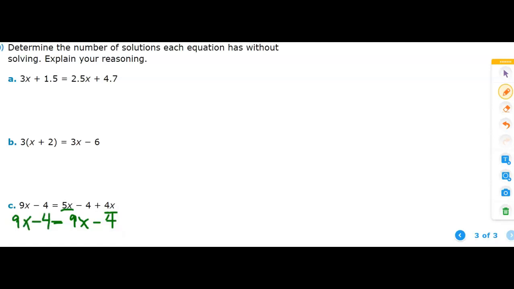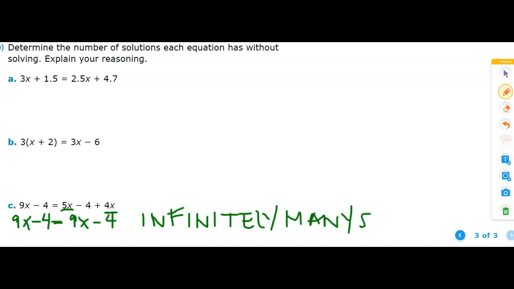So those are equal on both sides, which means there are infinitely many solutions. And that's how we do that.